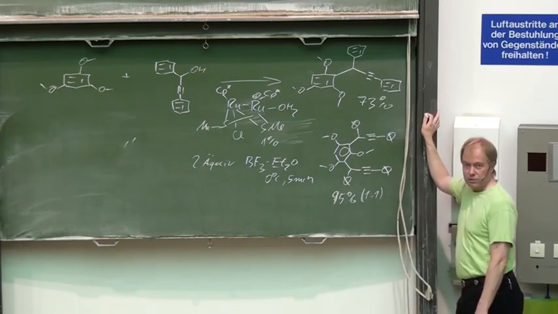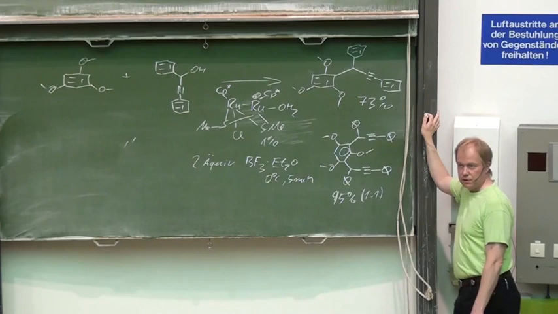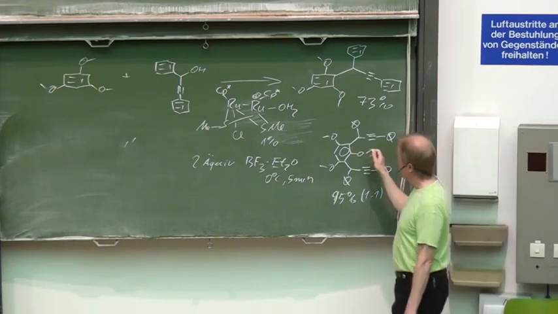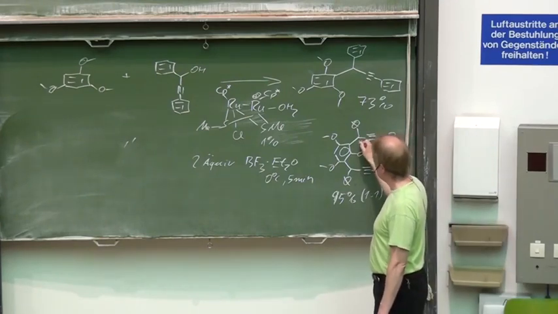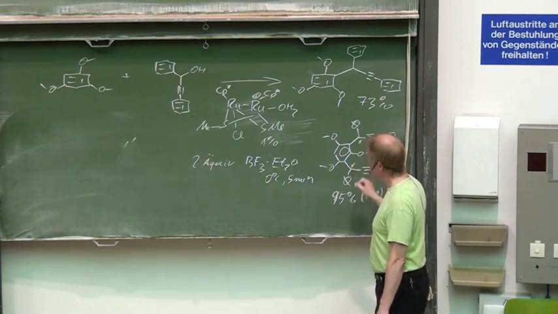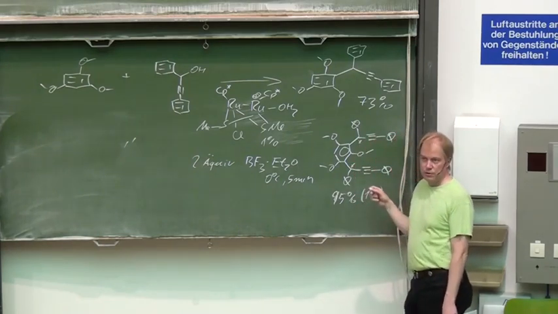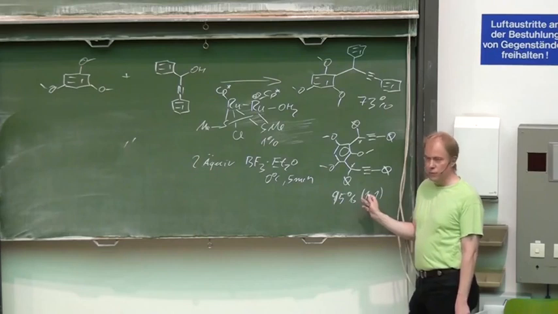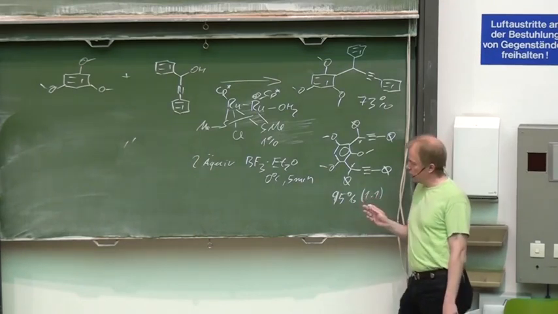So why that 1-to-1? I think you should know. We have here two stereogenic centers, and therefore we have the mixture, the 1-to-1 mixture of the diastereoisomers.